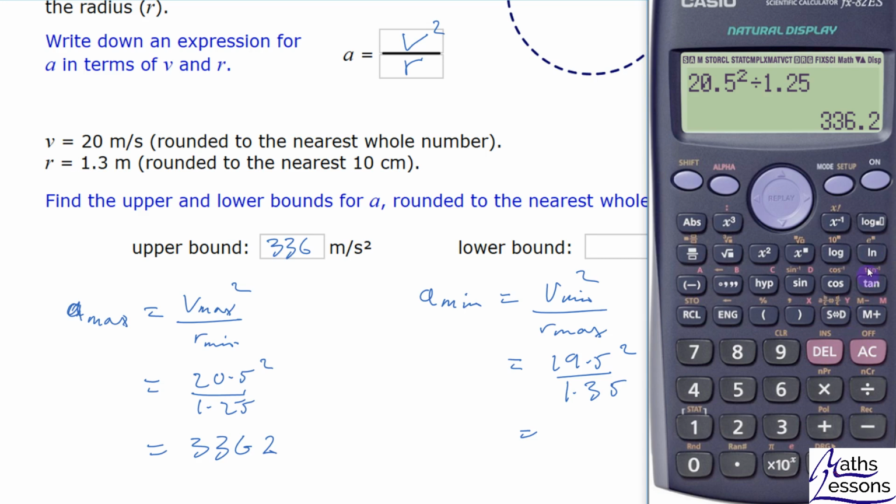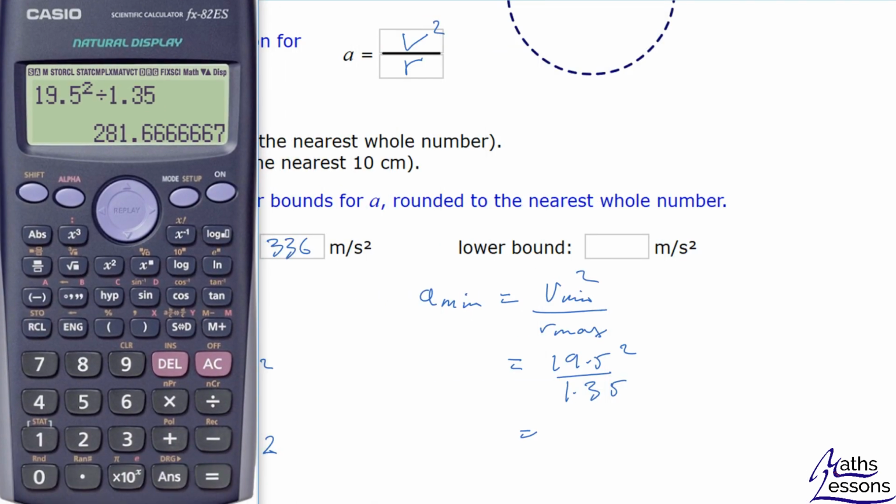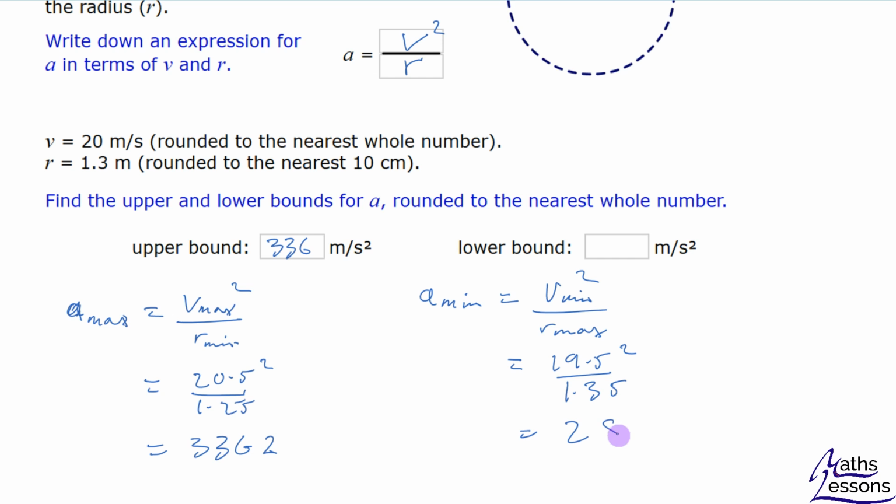So let's just go back and change these to 19.5. 19.5 squared divided by 1.35 gives us 281.6 recurring. So to the nearest whole number, this 6 will cause us to round this up. That is going to be 282 meters per second squared.